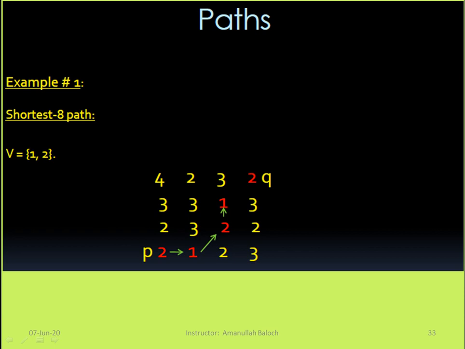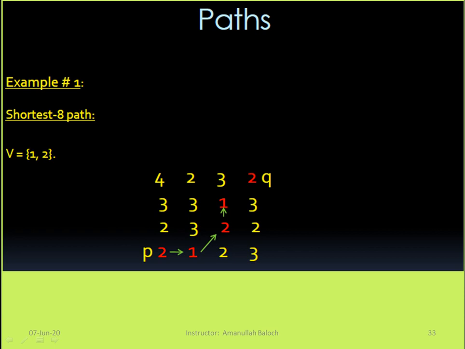Now from here we can move towards this pixel, because this pixel lies at N4 of P and also belongs to V, and this pixel also lies at the position of ND of P. This is ND of P, and this pixel also lies at the ND of P position. So we have to consider these two pixels. We cannot consider these three pixels, 1, 2, 3.